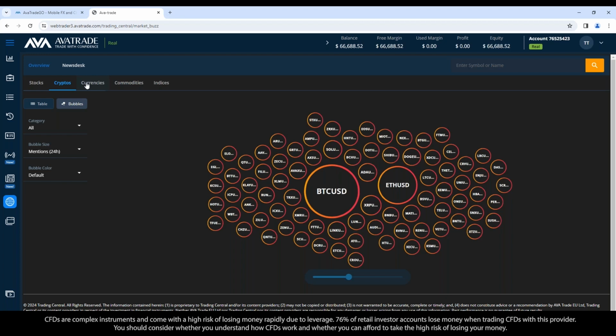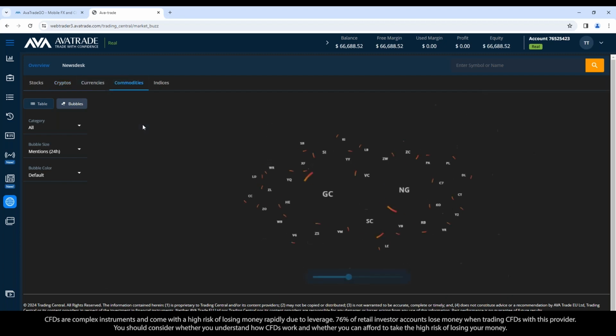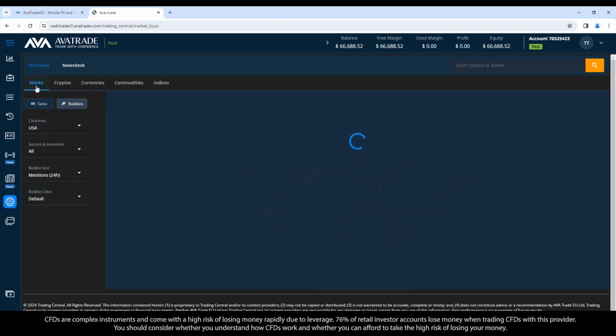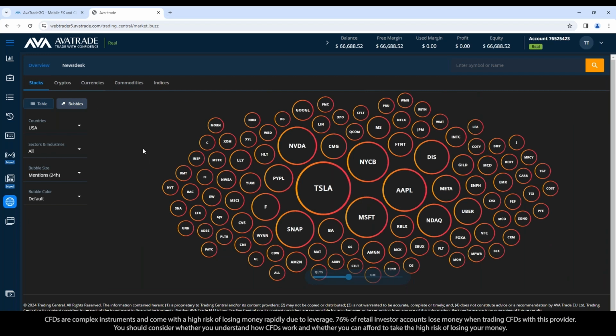Okay, and many times the ones that are trending the most have maybe the better price action on the chart. Not always, but many times that's the case. And so whether you're trading on cryptocurrencies, commodities, we can see what's trending the most online, and then we can start to look at fundamental news that's related to that.